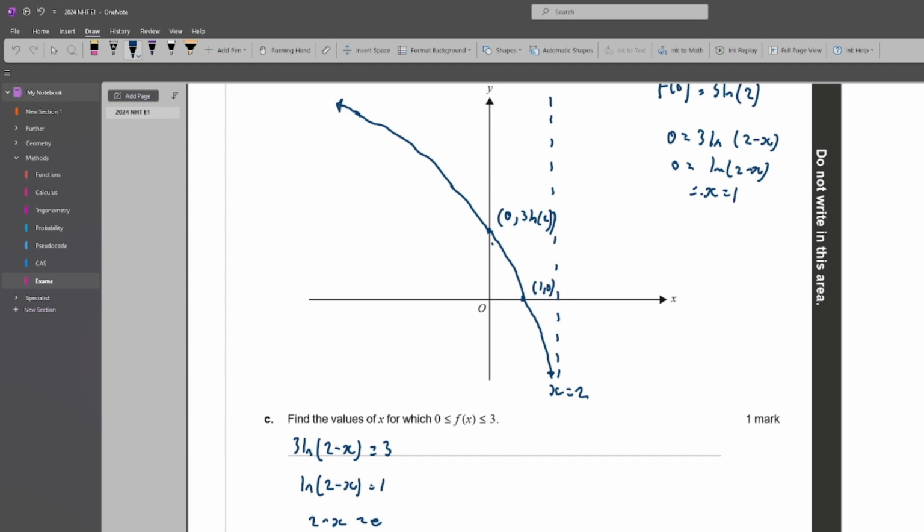That makes sense because e is 2.7-ish, so 2 minus 2.7 is approximately negative 0.7, which is where we were expecting to get our value of 3 for the function. So that's our lower bound. So x belongs to [2 minus e, and it's less than or equal to, so we include that with a square bracket. Our upper bound was this x-intercept here, where the value of the function is 0, at an x value of 1.